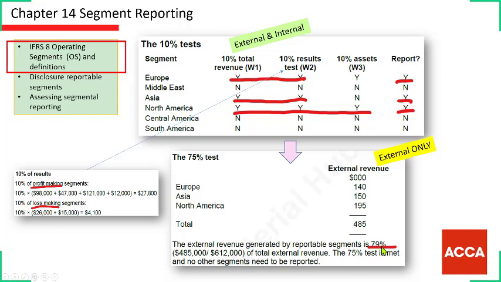That means we are good to represent the 3 segments separately from the rest of business. So we should make sure that we use the external and internal sales for the 10% test, and we should use the external for the 75% test.